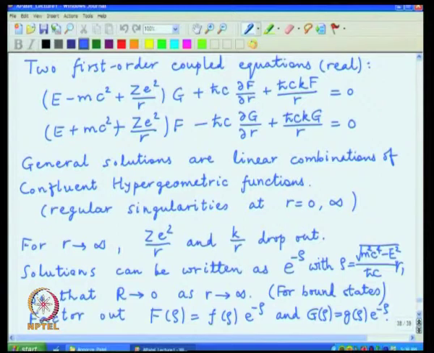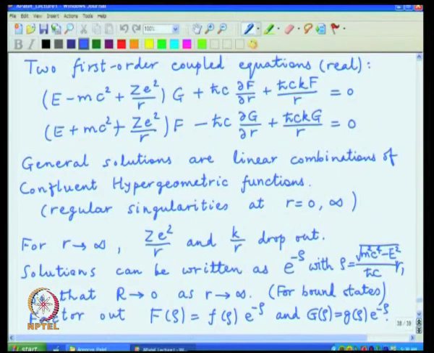Now, this equation has singularities at r equal to 0 and at r equal to infinity. The singularity at infinity was easily taken care of by solving the asymptotic part of the equation, and we impose the boundary conditions necessary for bound state, that the solution falls off exponentially with the radial coordinate.